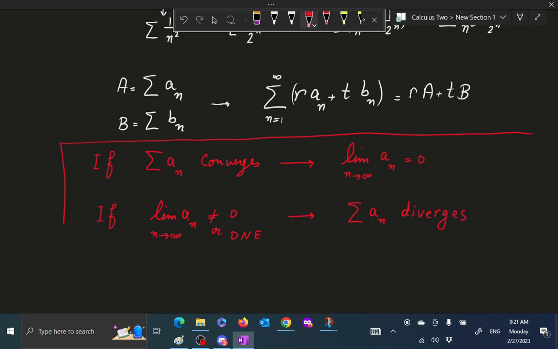This is a major theorem that we use in some of the basic problems. Let's give a basic example.